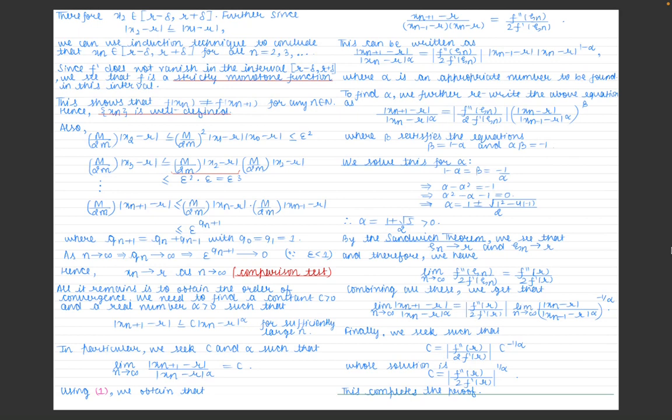So now we have this convergence theorem for the secant method. The point is this convergence theorem assumes certain things. For example, the function that you're working with should be C2, that is, continuously twice differentiable, and any root of f should be a simple root.